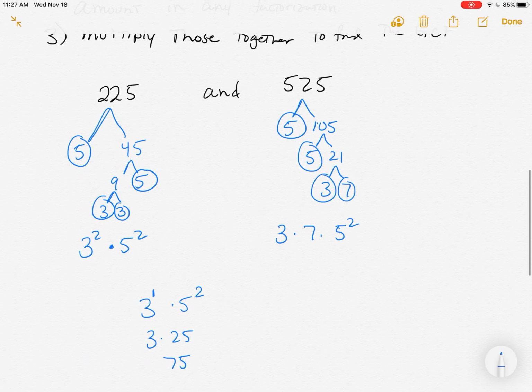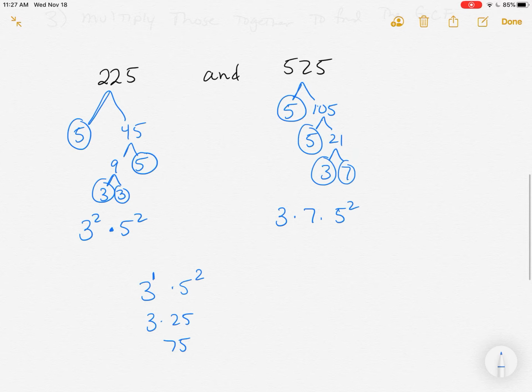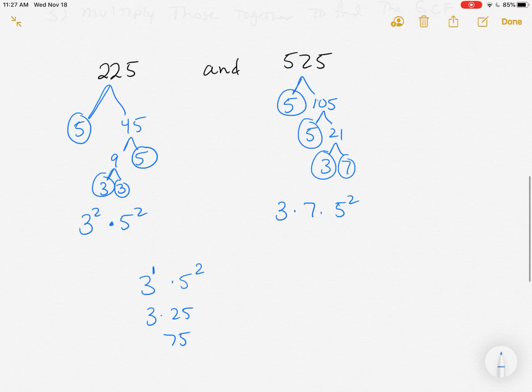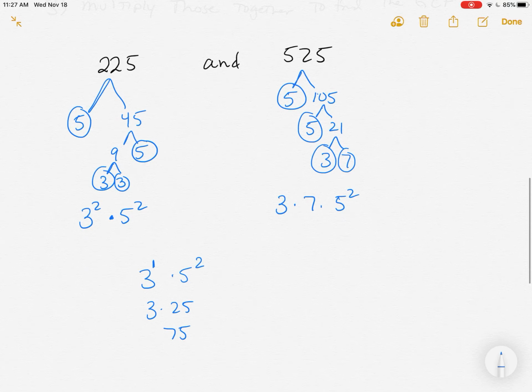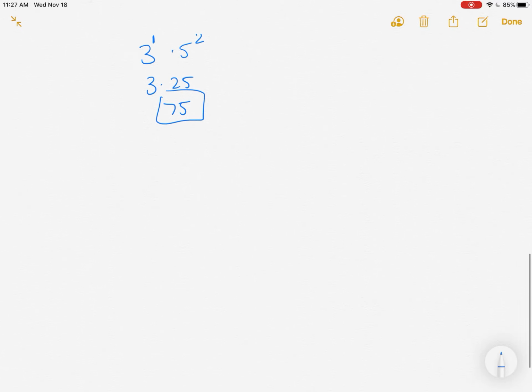But if we were reducing the fraction, we wouldn't necessarily need to do it because we could hack at it by taking out 5's and things like that, and then get down to it. But this is a great way to find the greatest common factor. So in the book, I'm seeing some number combinations like this. Let's try it one more time.